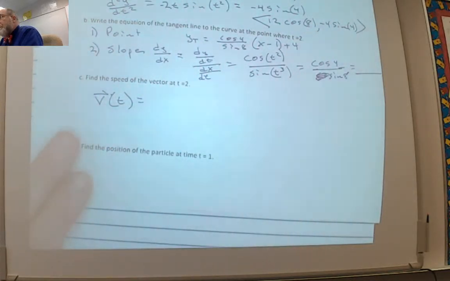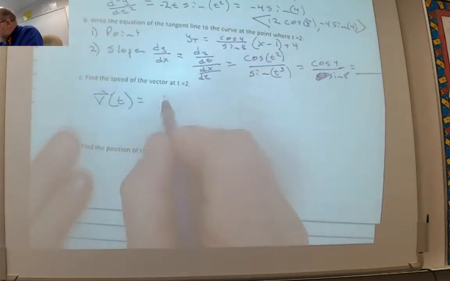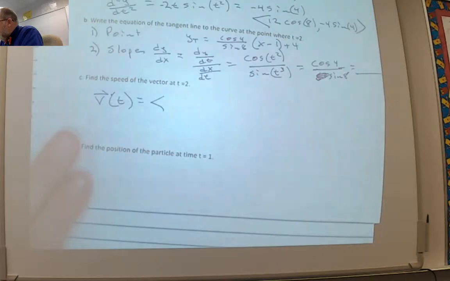Is speed and magnitude the same thing? Yes. But do I have the velocity vector? Do I have the components for the velocity vector? You have the equations to find them.